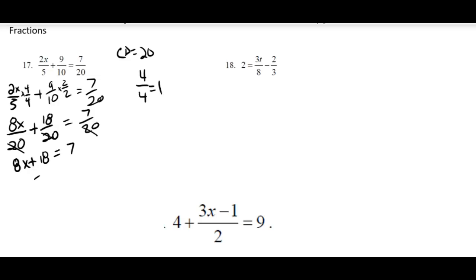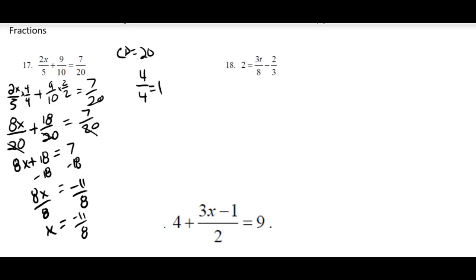So I can subtract 18, and 8x equals negative 11, divided by 8, and x equals negative 11 over 8.